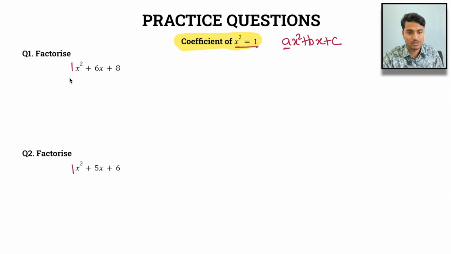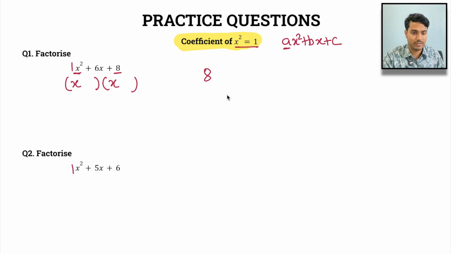The first thing we have to do is make two brackets like this and write down x and x here, because x multiplied by x is going to give you x squared directly. But what to write here? For that, you just check the constant term, which is 8. List down all the possible factors of 8.